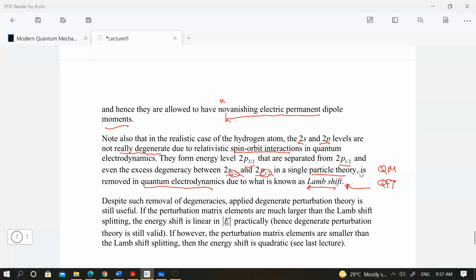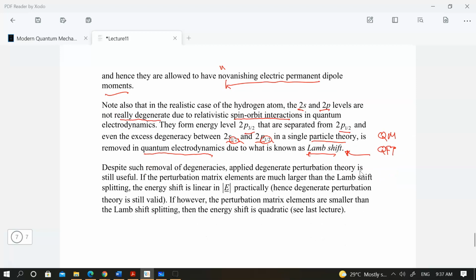Now then you might say, so why do we do all this degenerate perturbation theory? Well, degenerate perturbation theory can still be useful if your perturbation matrix elements are much larger than your Lamb shift. Okay, and if they are larger than the Lamb shift, then your energy shift will be linear in E, which is the thing we discussed before, and hence this degenerate perturbation theory is still valid.